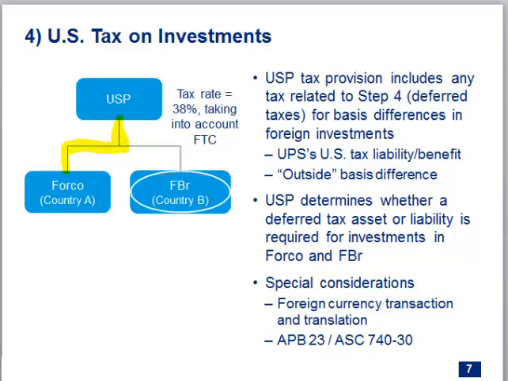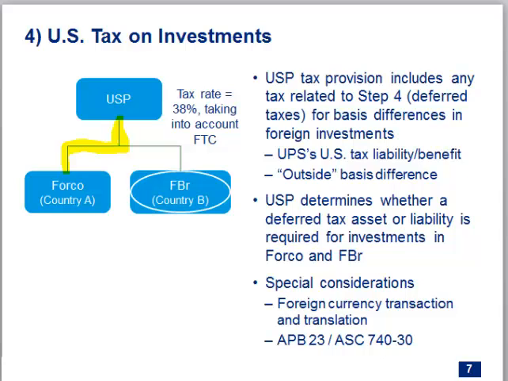When you look at USP, it's not subject to tax on Forco's earnings. Forco's earnings are offshore from a U.S. tax perspective. This is what Obama doesn't like. You have the money in Forco, and this might be a low tax jurisdiction or high, but for our purposes, Forco is offshore. It is not in the U.S. tax net.